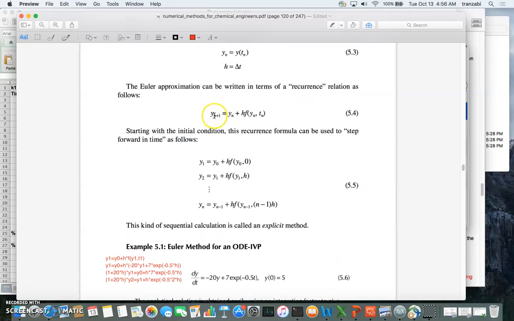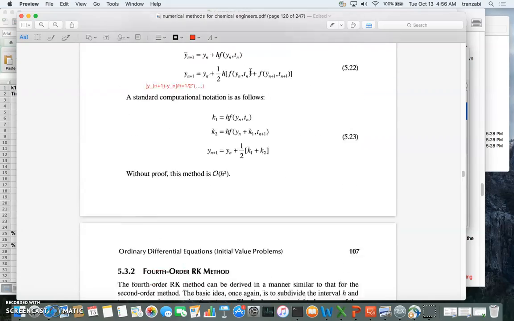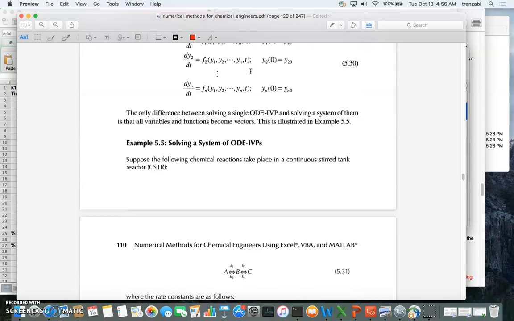Right, this. Okay, y n plus 1 is equal to y n plus h, which is in this case dt, times the right-hand side of the equation. So that's what we have here.